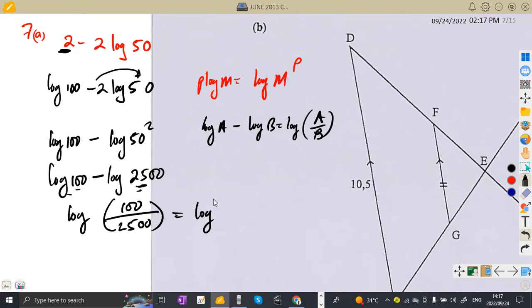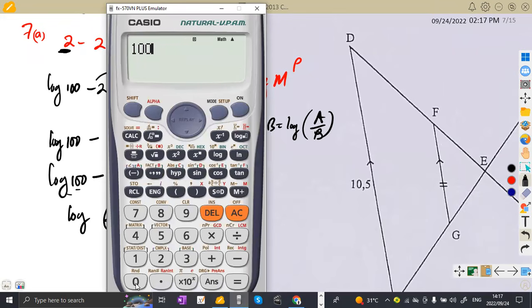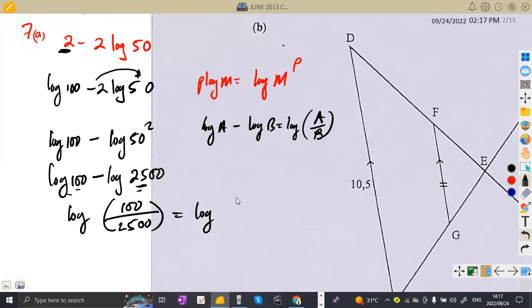So it is going to give us log of a single number, which is 100 over 2,500. You can use your calculator, 100 over 2,500, like this. Okay, so 100 over 2,500 is going to be 1 over 25. Okay, so this is what you're going to get, which is 1 over 25. So that's a single logarithm. That's what they're trying to say in this case.